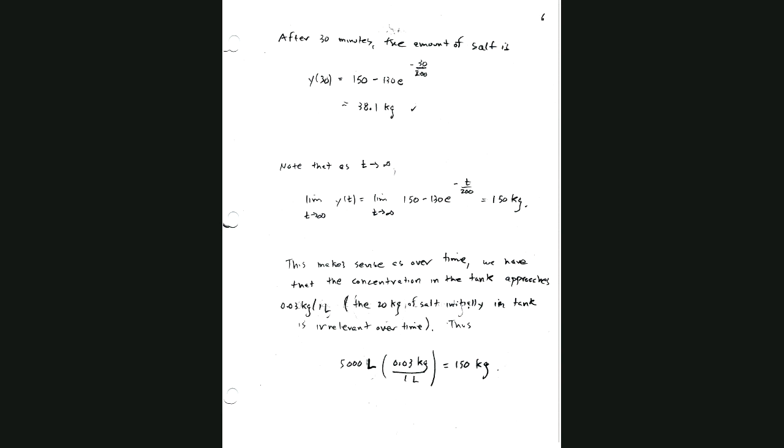And it's important to note here that as t goes to infinity, the limit of our solution, y of t, is going to equal 150, because e to the negative t over 200 approaches 0 as t goes to infinity. And that's an obvious one.